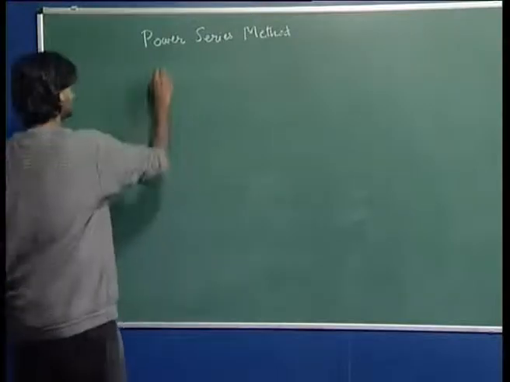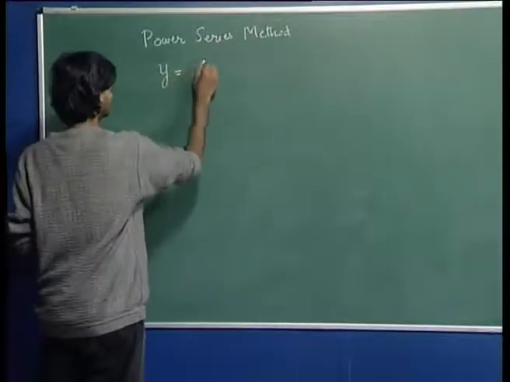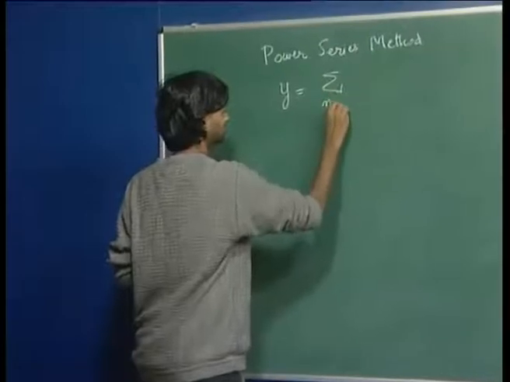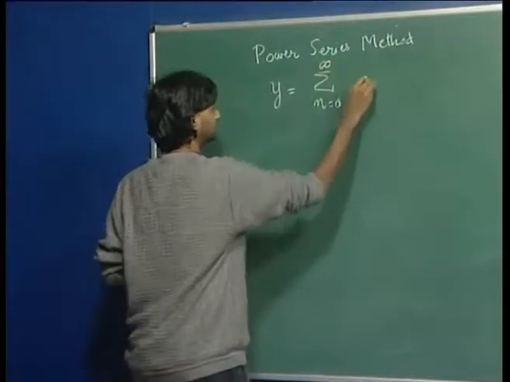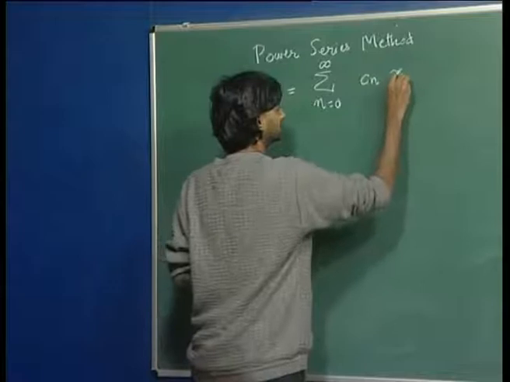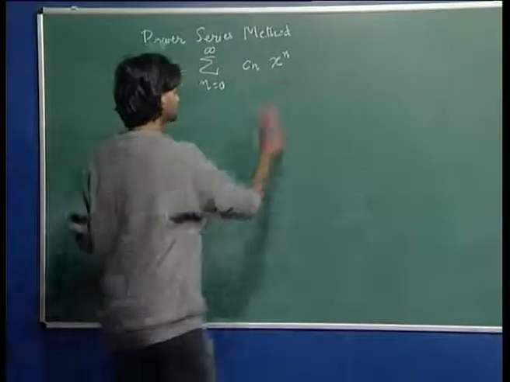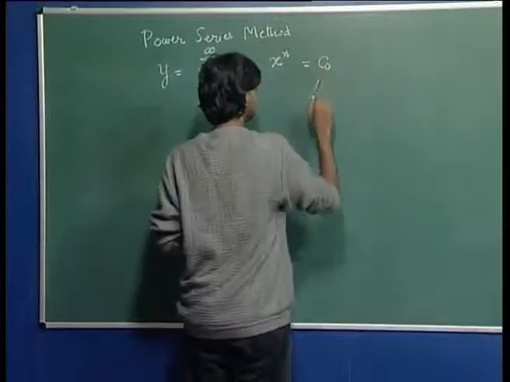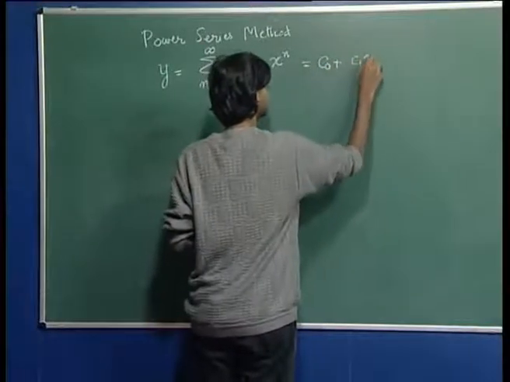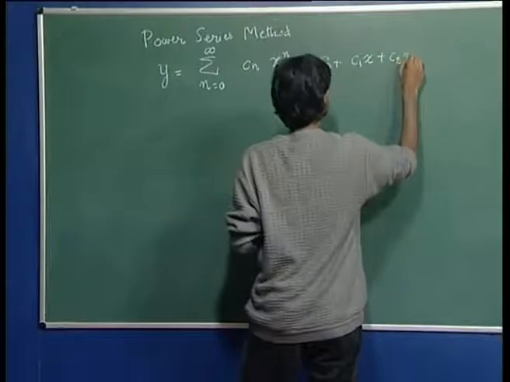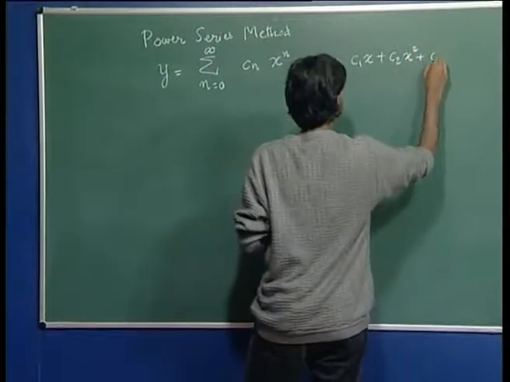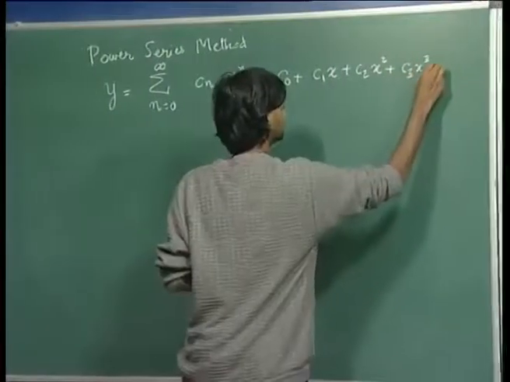The trial solution that you use is y is equal to sum over n equal to 0 to infinity C n x raised to n. Okay. So, this is basically C 0 plus C 1 x plus C 2 x square plus C 3 x cube.